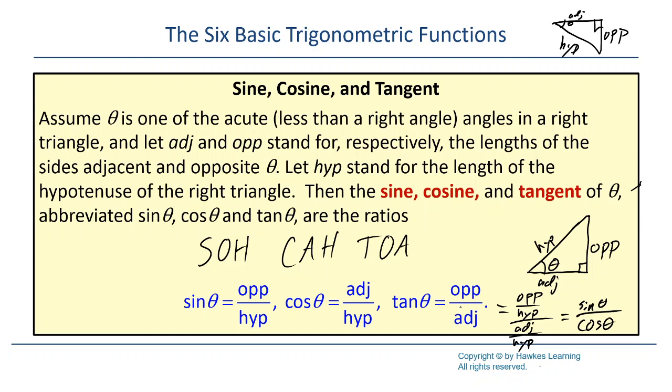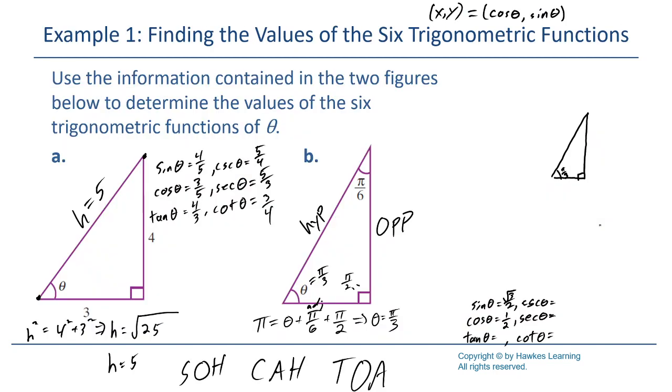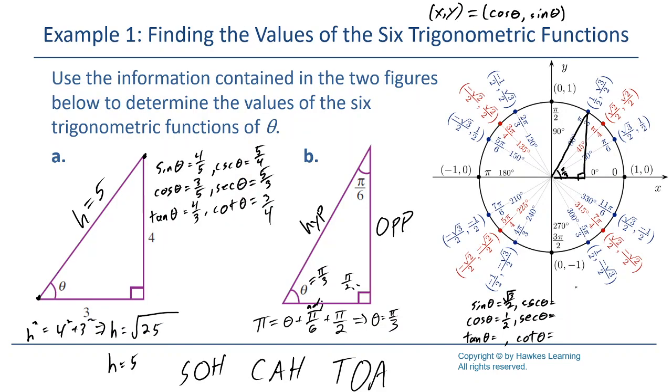When you don't have the given sides, but you do have the angle, this is the way to go: sine of theta over cosine of theta is tangent. So now I can figure out what tangent of theta is. Tangent of theta equals sine over cosine, so it's square root of 3 over 2 over 1/2.